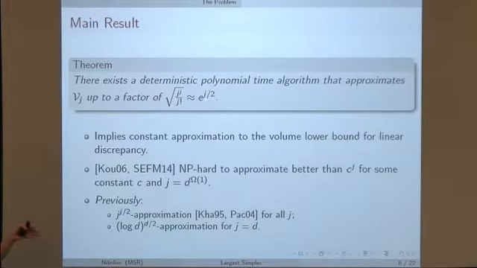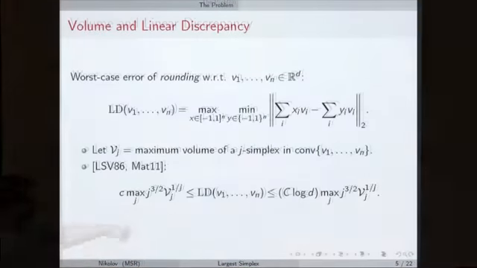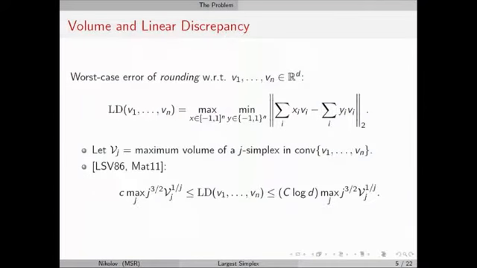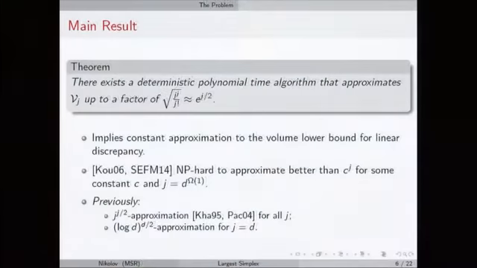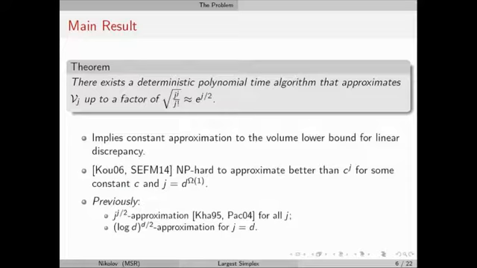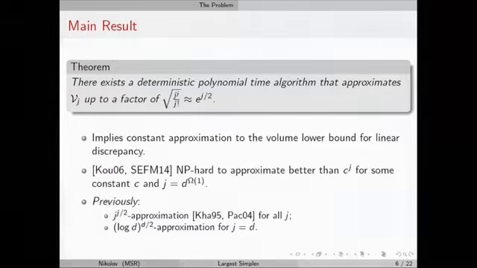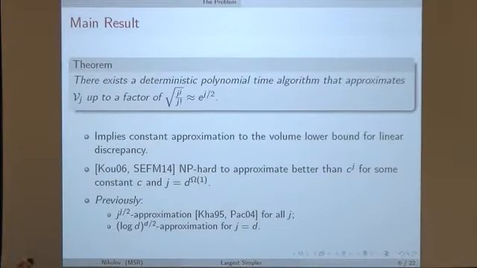And by Stirling, this is roughly e to the j over 2. Notice that here we always take v_j to the 1 over j. That observation and this approximation factor gives us a constant factor approximation to this linear discrepancy problem.